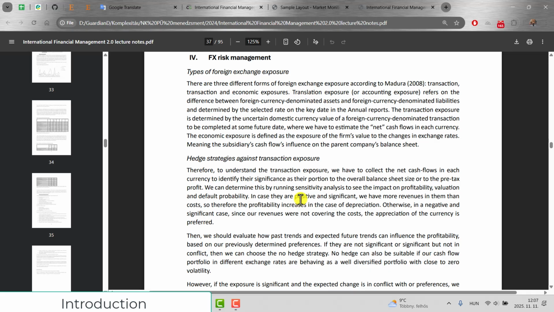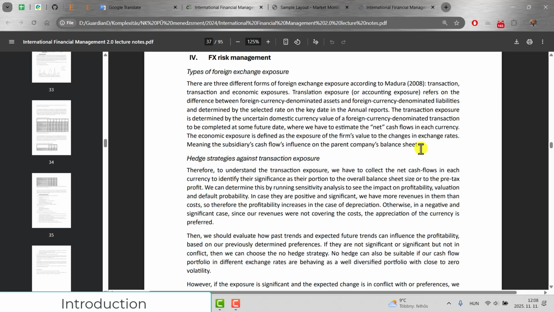The rest of the other chapters in the Jeff Madura book, sometimes they were absolutely lazily written, or they were not focused enough, or they were not deep enough, or they were just talking about irrelevant things. In this case, this is really good. So if you are reading only one chapter from the International Financial Management book, especially if they are later releases or issues, then I can recommend that one.